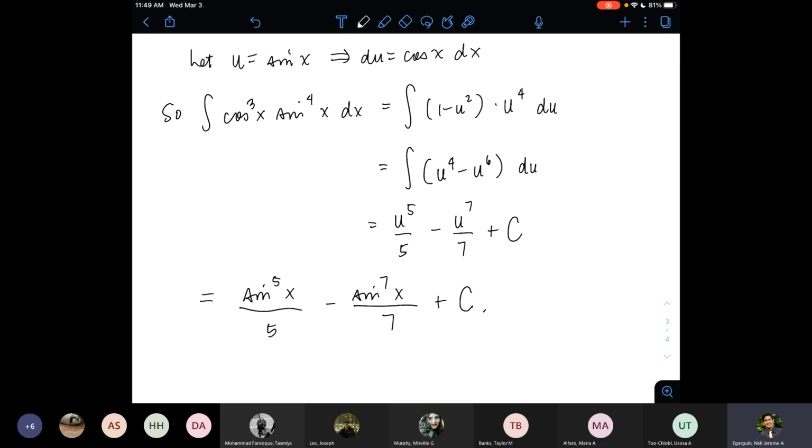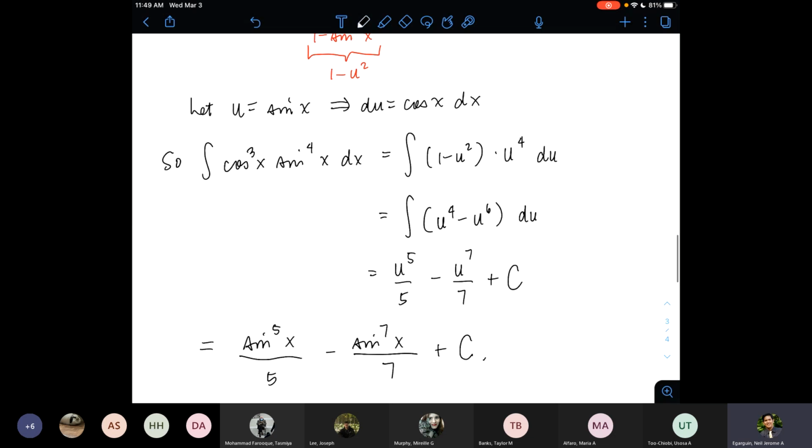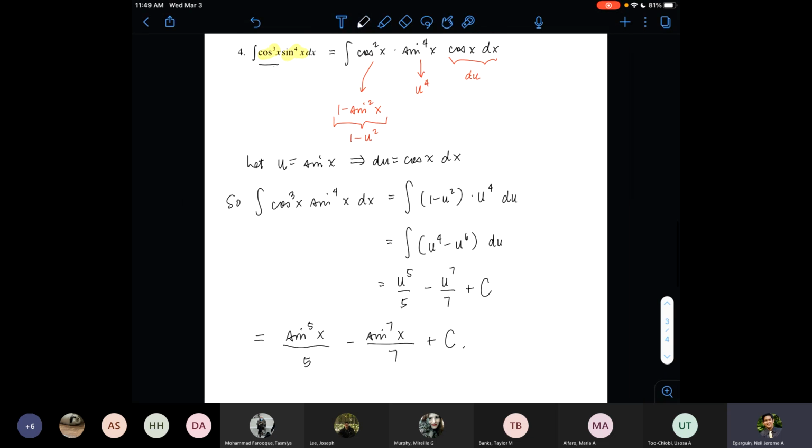All right. Any question about that? So I hope that you see beyond the formula or the bullets I wrote earlier, because this is nothing more than the clever use of trigonometric identities and the U substitution.